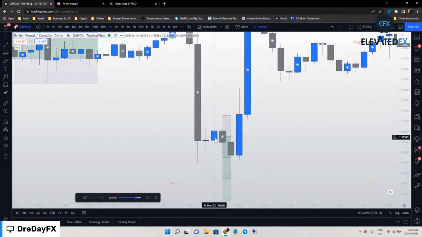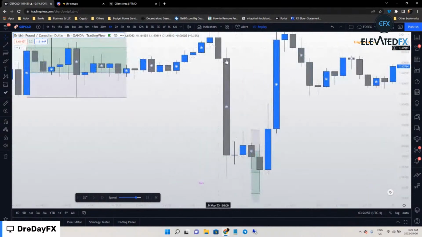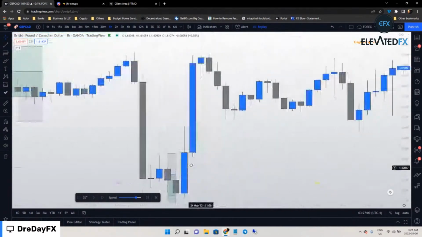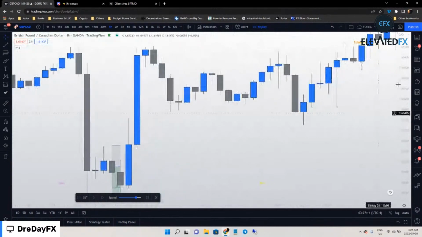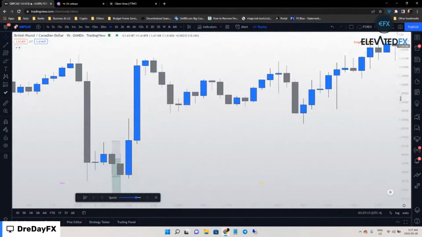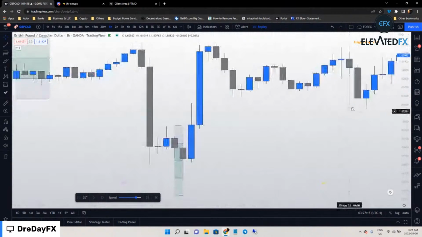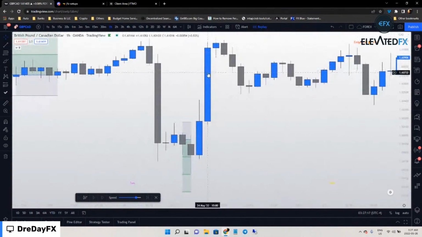Why? Because we see that there was a big imbalance here in pricing, and as you can see, it went back up and filled out this imbalance here. So it was basically a trap move that the GBP pairs did overall.